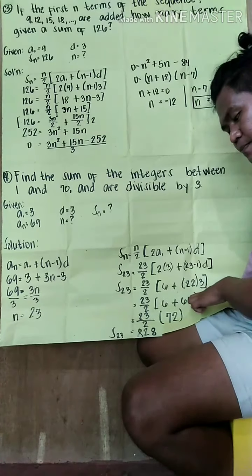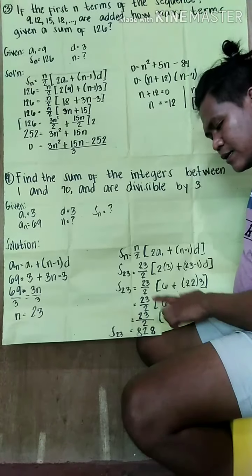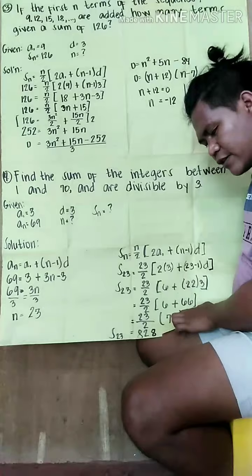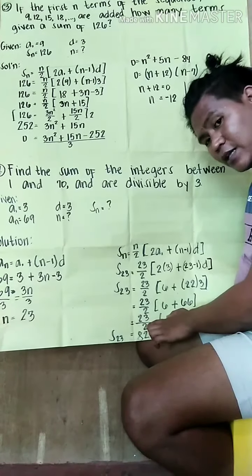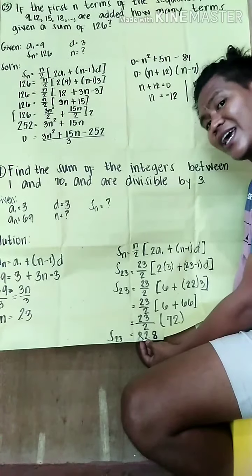And then get the sum. 66 plus 6 is equal to 72. And multiply that 72 to 23 over 2. 72 times 23 divided by 2 is equal to 828.